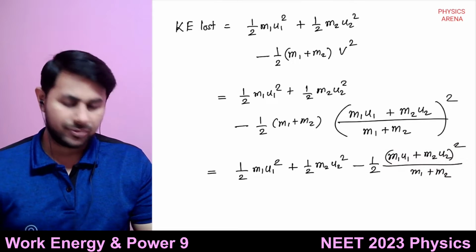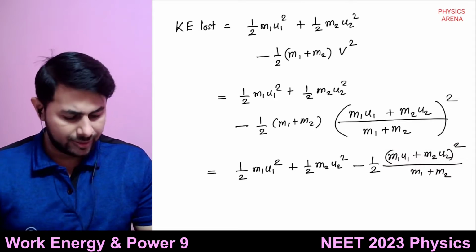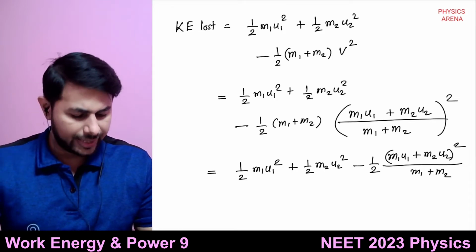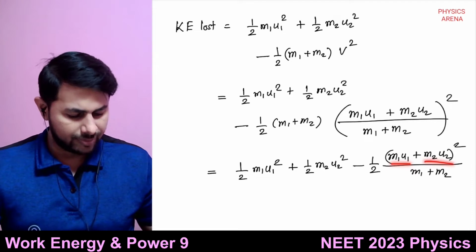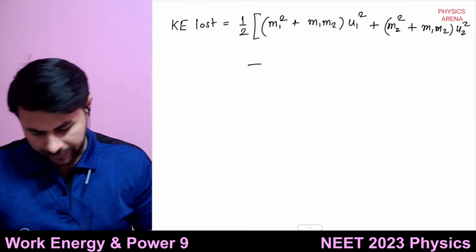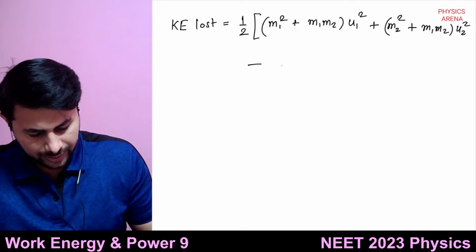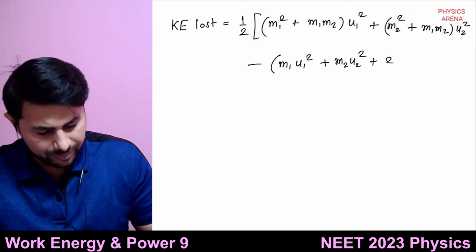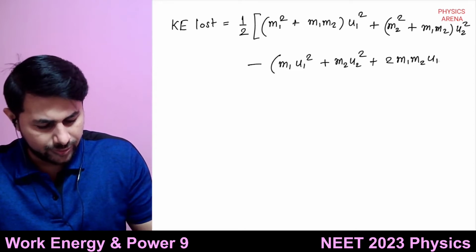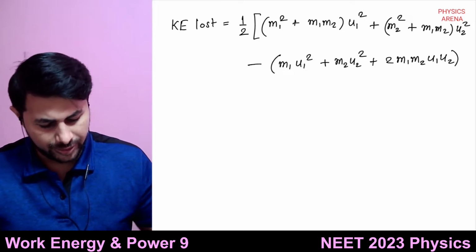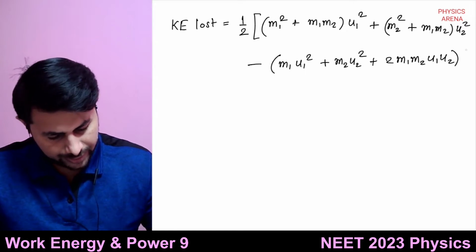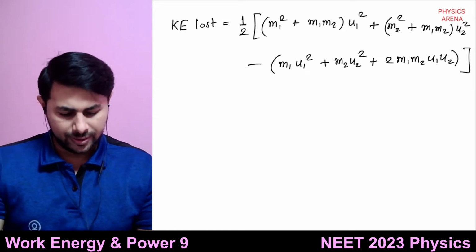That is m1 squared u1 squared plus m2 squared u2 squared plus 2 times m1 u1 multiplied by m2 u2. We have this thing, and we have to subtract it out. So what will happen?